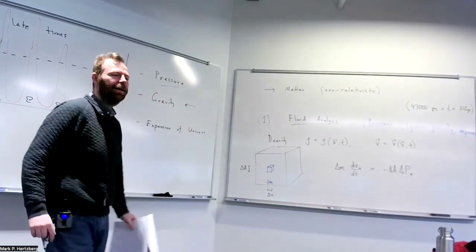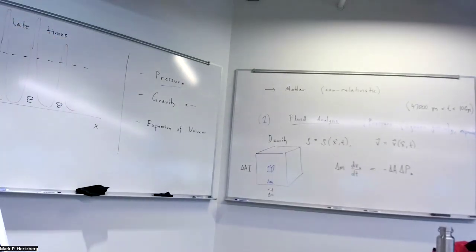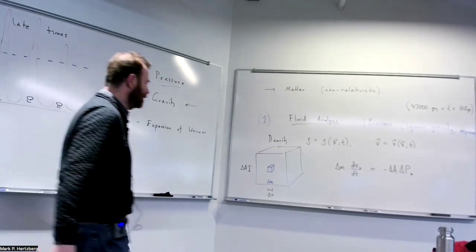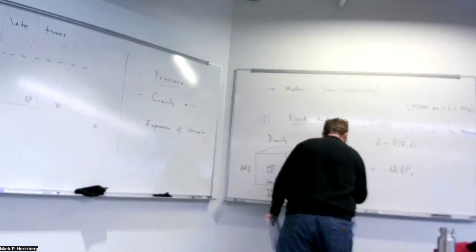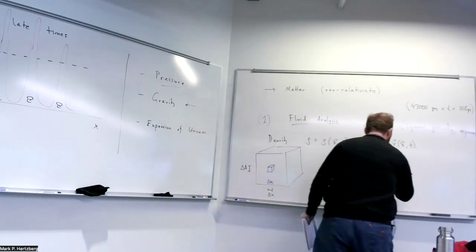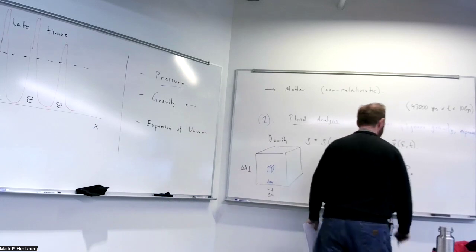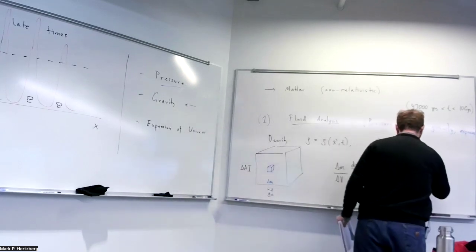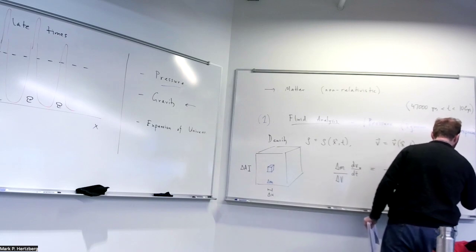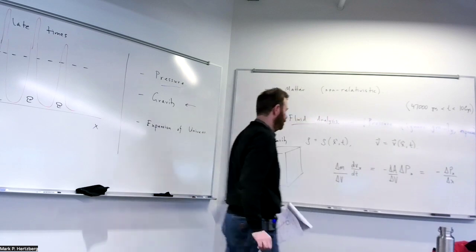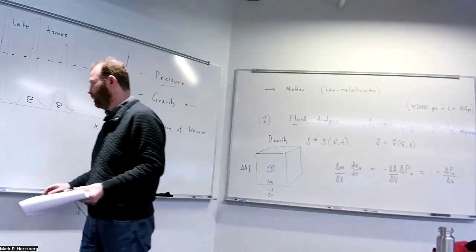Nothing too fancy. All right. And let's now divide both sides by the volume of this thing, so we'll divide by delta V. And so this I could write as minus the change in the pressure over just the change in x, because the areas cancel.